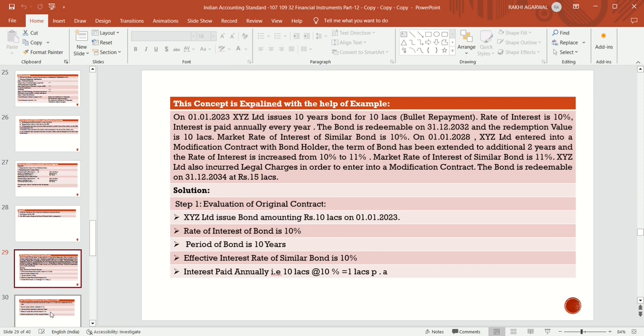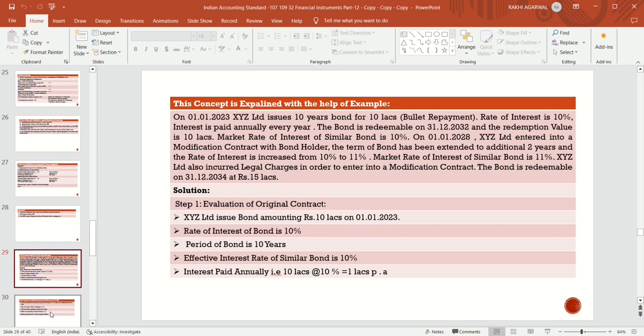On 1st January 2028, that is before maturity, XYZ Limited enters into a modification contract with the bondholder. The term of the bond has been extended by 2 additional years and the rate of interest is increased from 10% to 11%. The market rate of interest of a similar bond is 11%. XYZ Limited also incurred legal charges in order to enter into the modification contract.